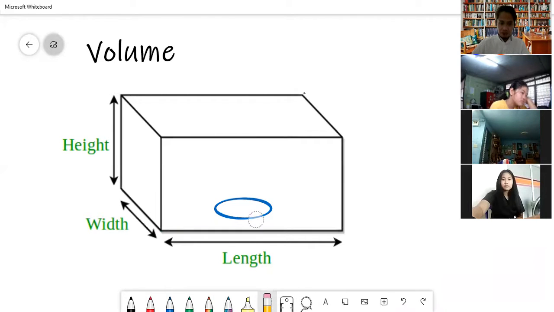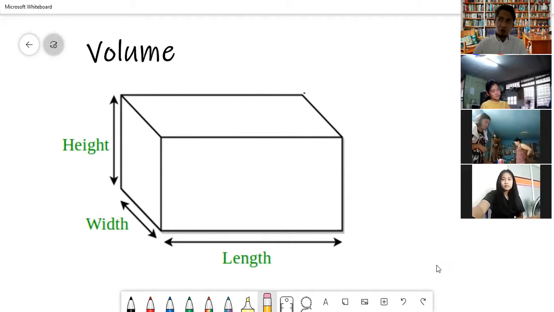And our lesson here is just to find first the volume. Okay, how many cubic centimeters of water, of liquid, can we put there?